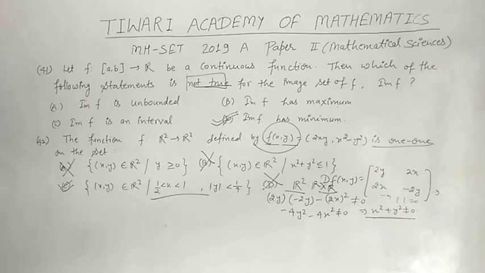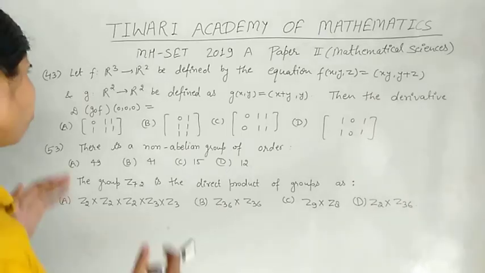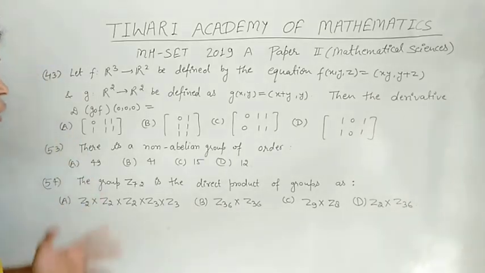Now see the next question. MSET 2019 paper A, booklet code A, paper second, mathematical science, question number 43. It is a very easy question.